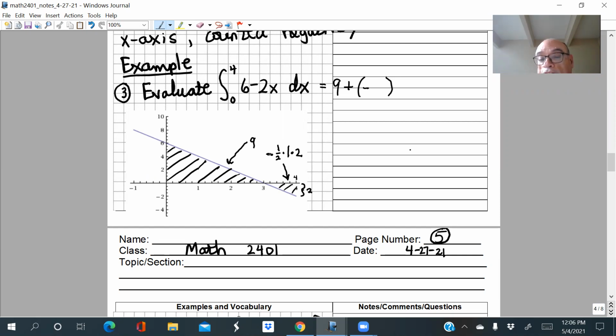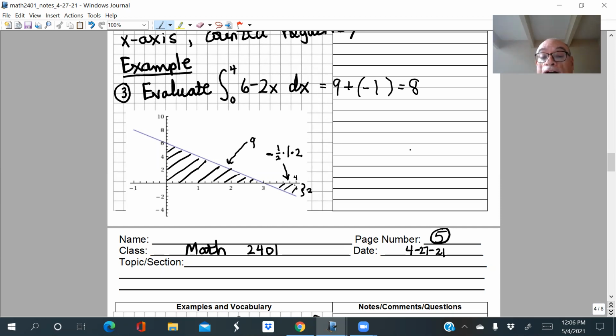In calculus, we're going to interpret that area as being negative. So altogether, this triangle has an area of -1. So you add the positive part, which is 9, to the negative part, which is -1, and altogether, you get an answer here of 8.